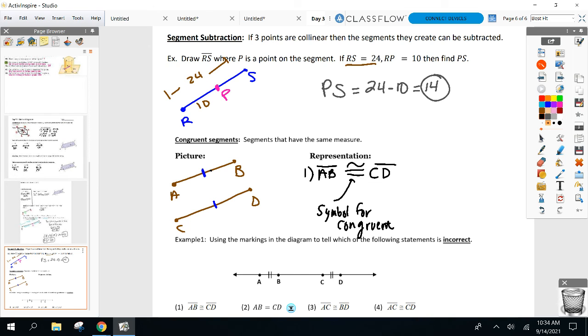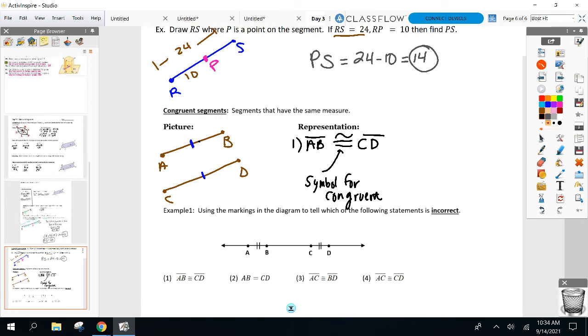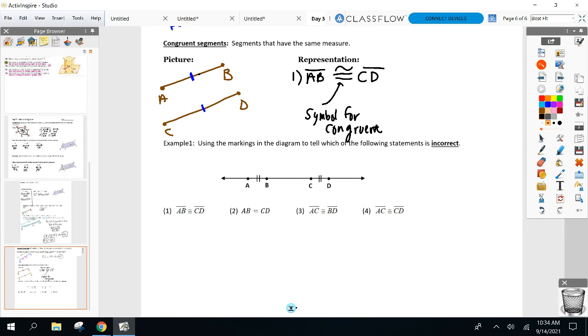All right, we got one more question for you before we call it a day, and you can start the homework. Using my diagram and my markings, can you figure out which one of these 4 choices is incorrect? You guys see the hash marks? Right away, just by looking at the diagram, what do you know about AB and CD?